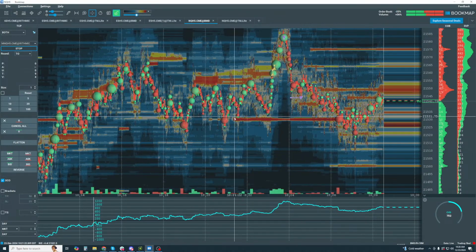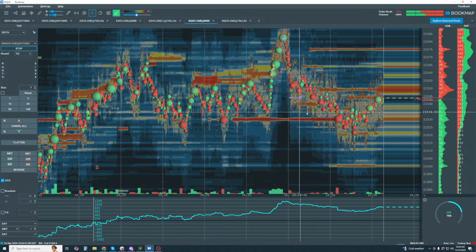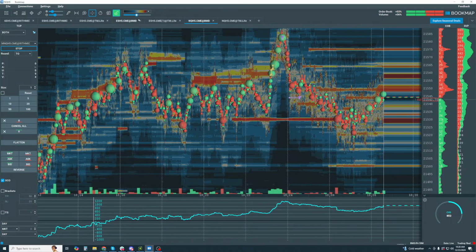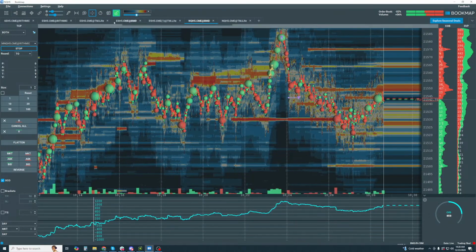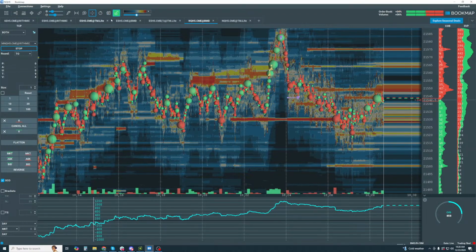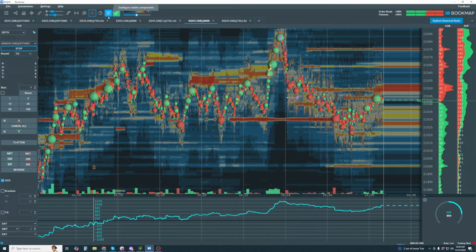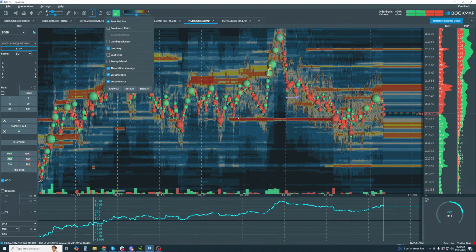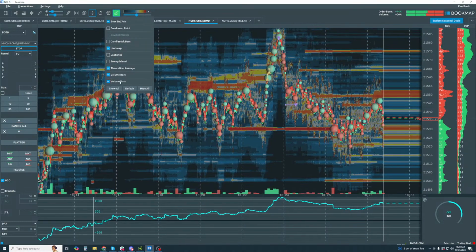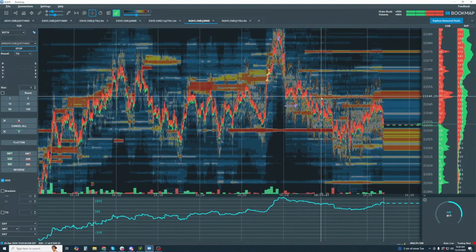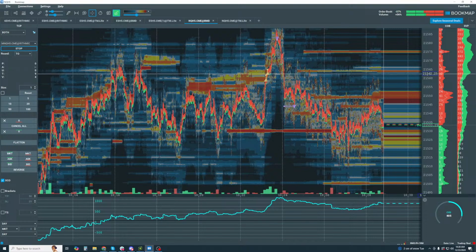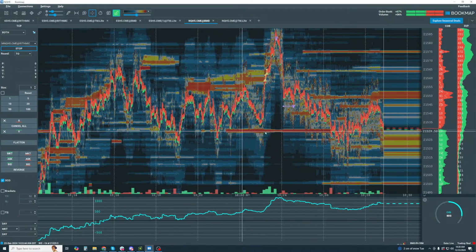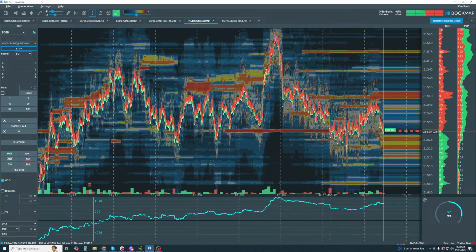Okay, so now we're looking at supply and demand, and actually let's do this. I had a hard time going through the lesson last Friday just because there's a lot of questions along the way. So now I'm just going to take the transactions off. Okay, this is now looking at the liquidity in here.